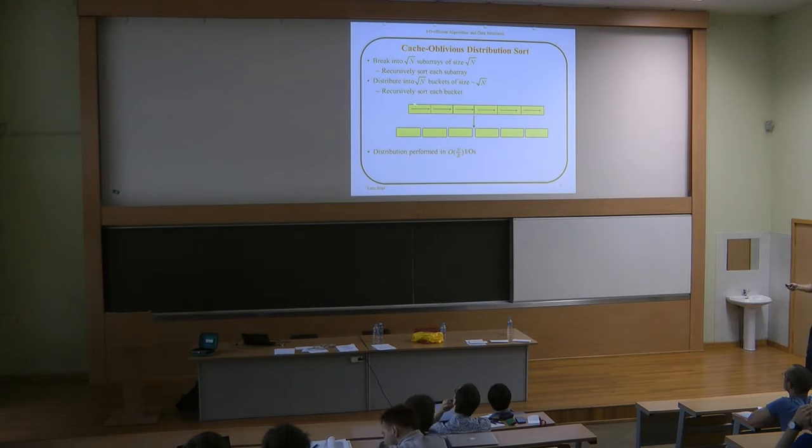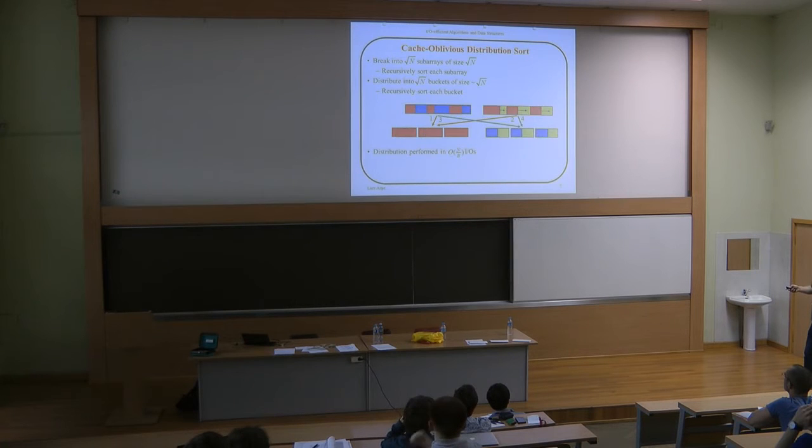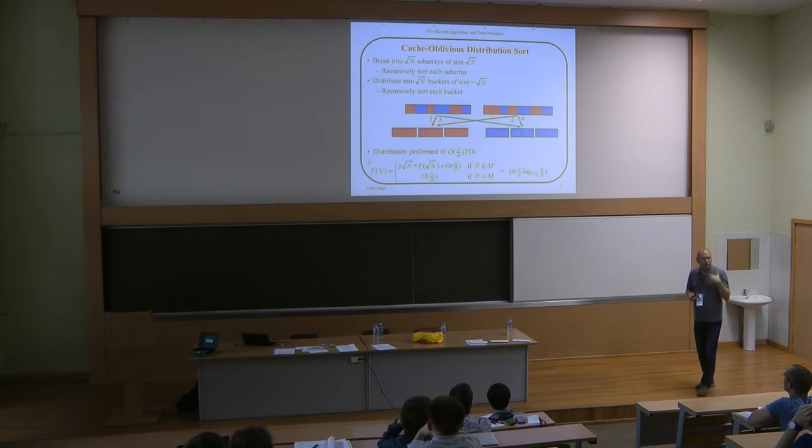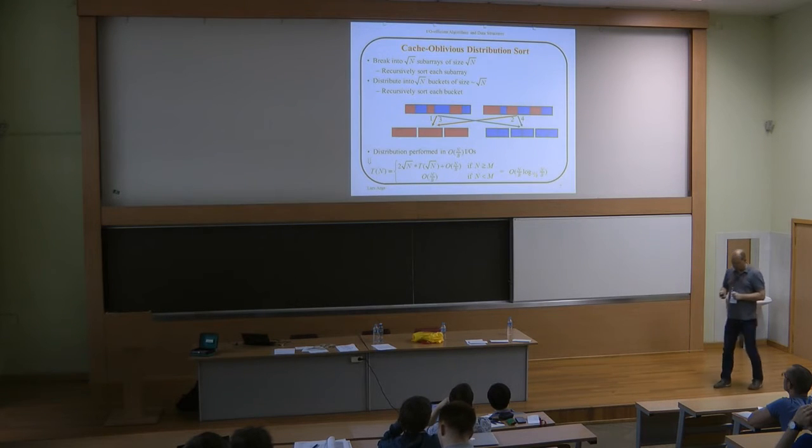To do that efficiently, we start by breaking our data up into root n subarrays of size root n, sorting them recursively, and then we did this weird distribution where we did sort of a recursive 4-way thing, and I argued that that took n over b IOs, which meant that I got this recursion that solves to the sorting bound. The whole trick here was to do recursion root n-wise such that the problem automatically comes down and fits in memory at the right time.